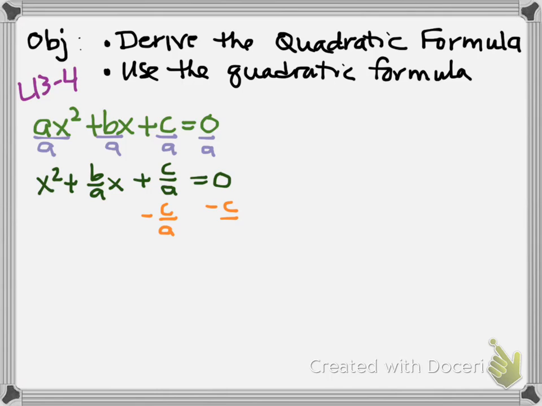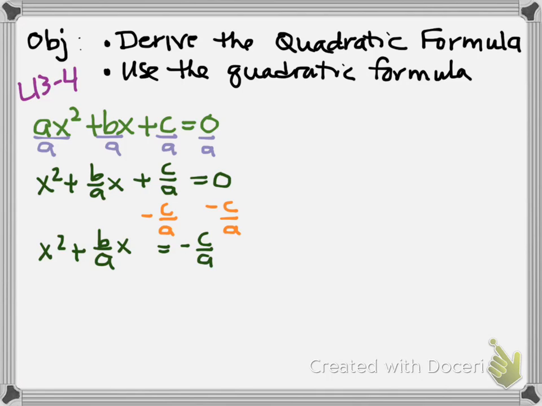So we're going to subtract c over a from both sides. So we're left with x squared plus b over a x, remember that x is either opposite the fraction bar or attached to the b, equals negative c over a.